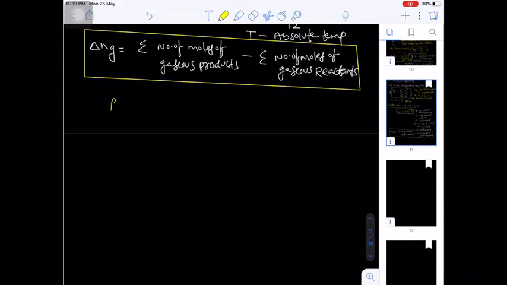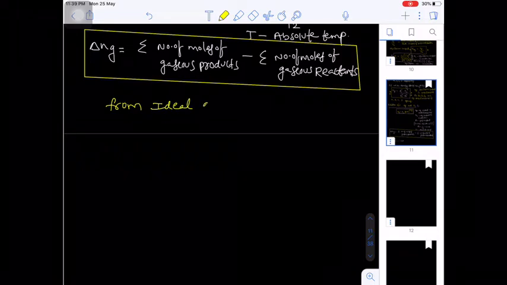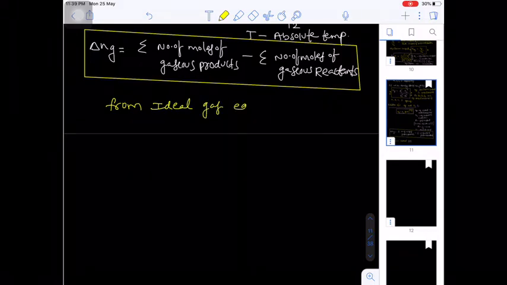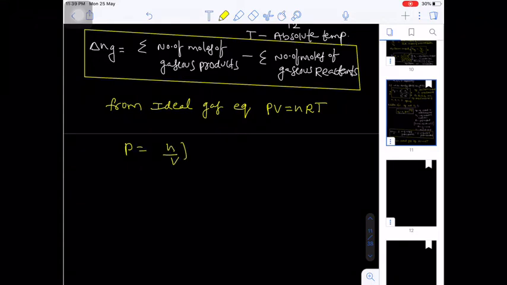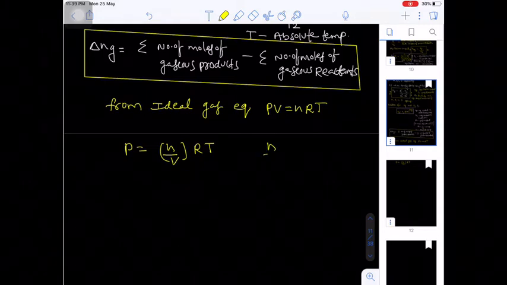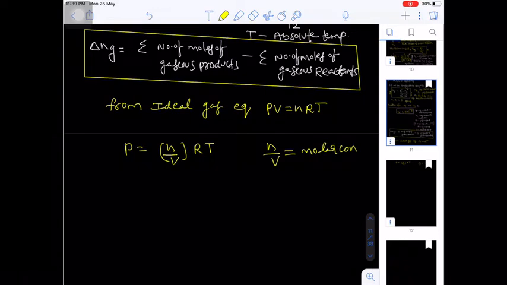Now we know from the ideal gas equation, that is PV is equal to nRT. So P is equal to n by V into RT. What is the n? Number of moles. What is the V? Volume. So number of moles upon volume, we can write as molar concentration. This is also known as active mass.